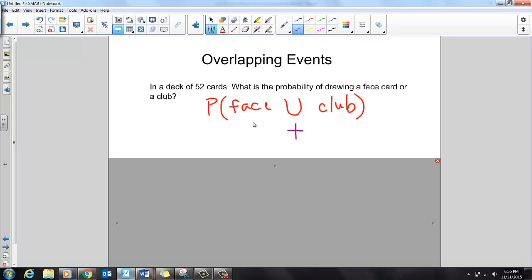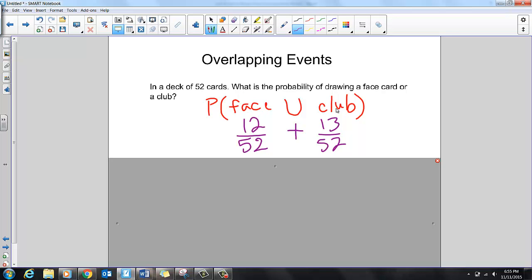Well, there's a jack, a queen, and a king in each suit. And there's 4 suits. So there's going to be 12 total face cards, 12 out of the 52. Plus, there are 13 clubs, 13 over 52. But are there any face cards that are clubs?